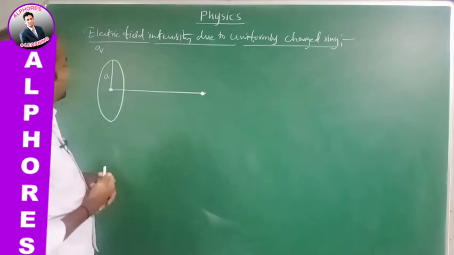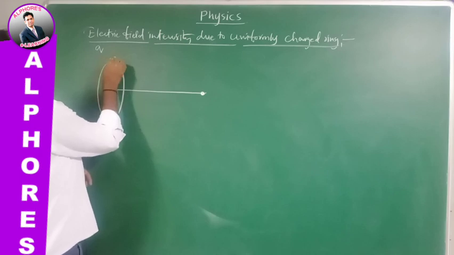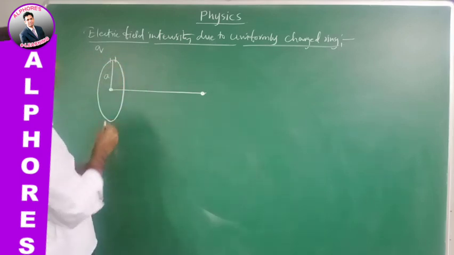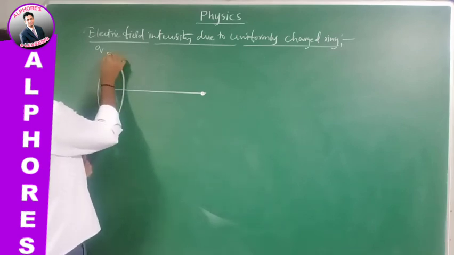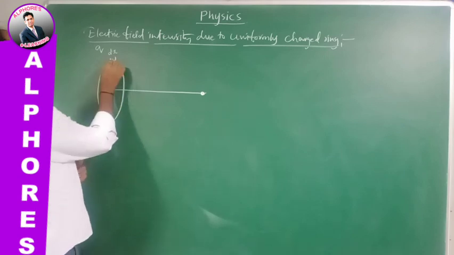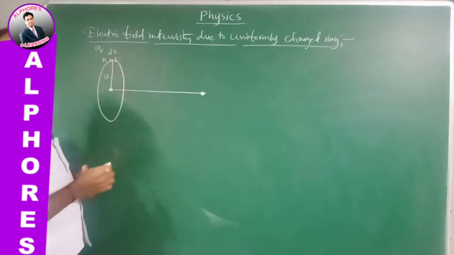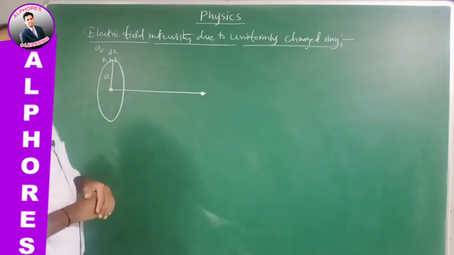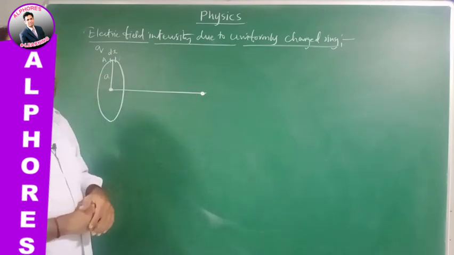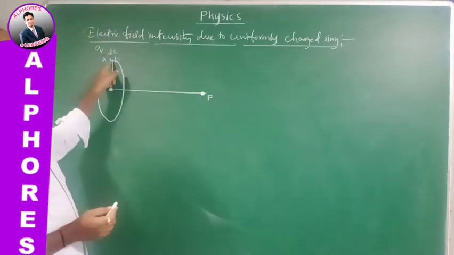Okay, see, first of all we should consider a small element of the ring of length dx at the point A here. Let us take this is a point A. First of all we should calculate the electric field intensity at the point P by the small element.